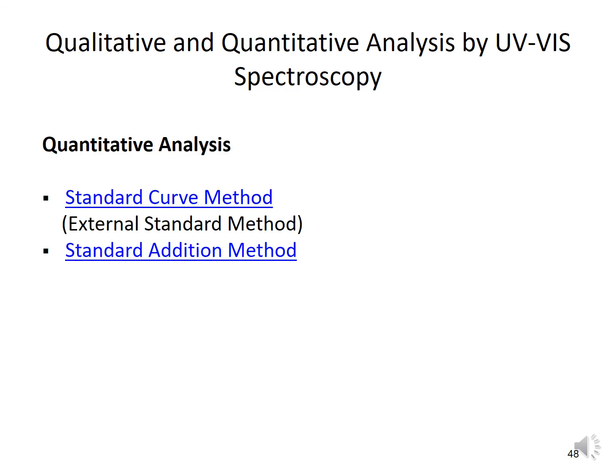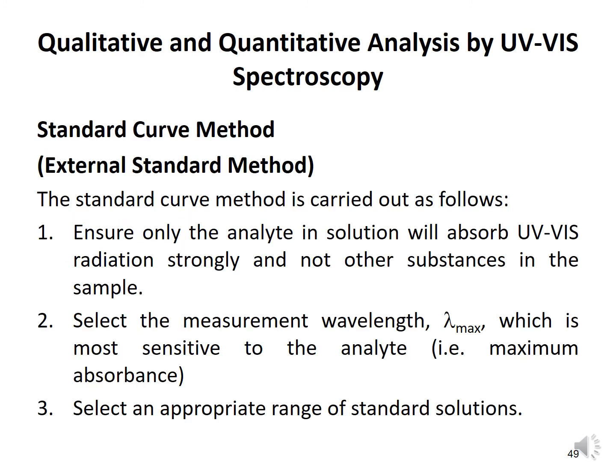For quantitative analysis, as you all know, we need to prepare the calibration curve. In order to prepare the calibration curve, you can use the standard curve method or external standard method, and the other one is the standard addition method. So what is the standard curve method?